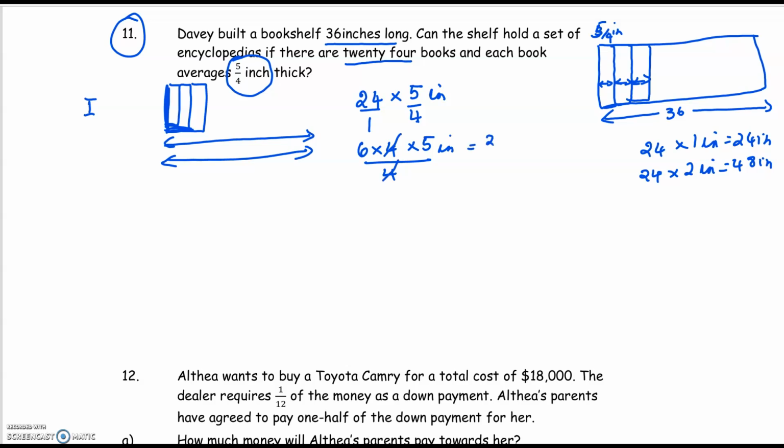That's equal to 30 inches. So if it is 30 inches and the bookshelf is 36 inches, then definitely we can fit all of these 24 books into the shelf. We can arrange them in the shelf.